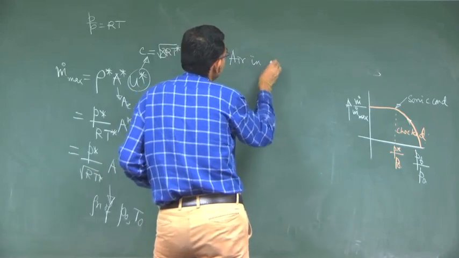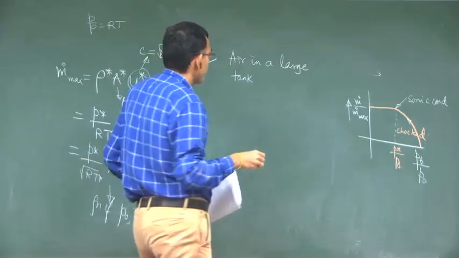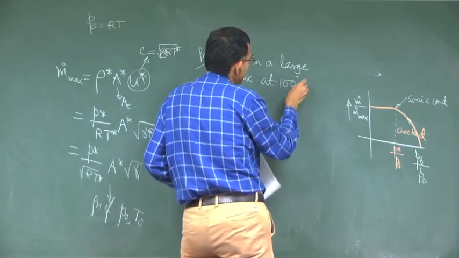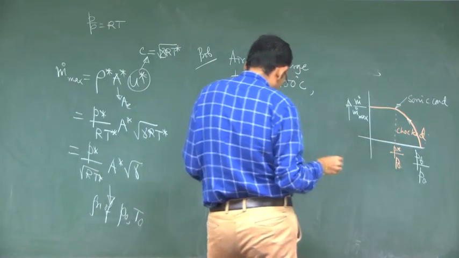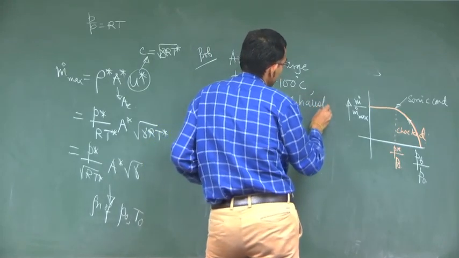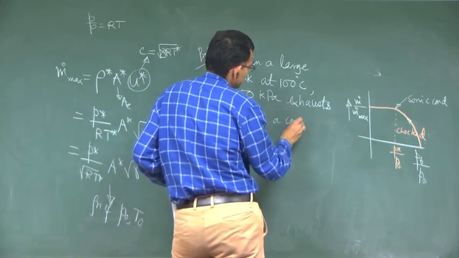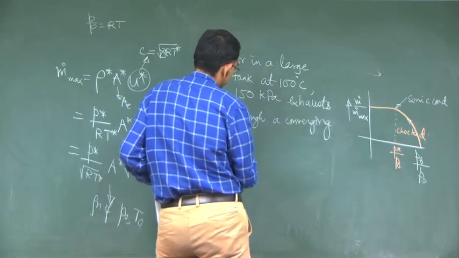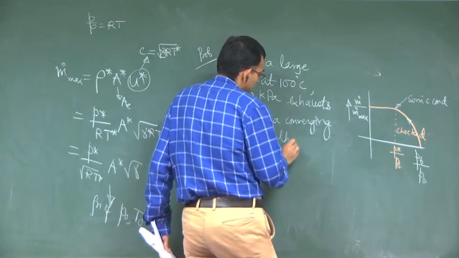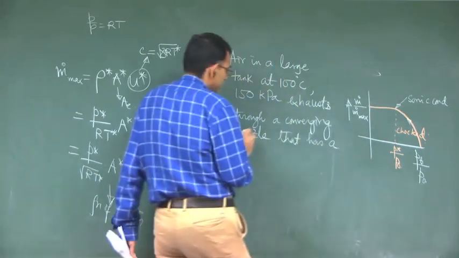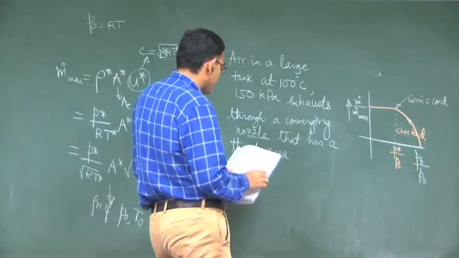Air in a large tank at 100 degrees centigrade, 150 kilopascal, exhausts through a converging nozzle that has a throat area of 5 centimeter square.